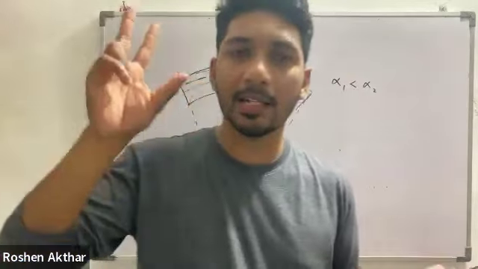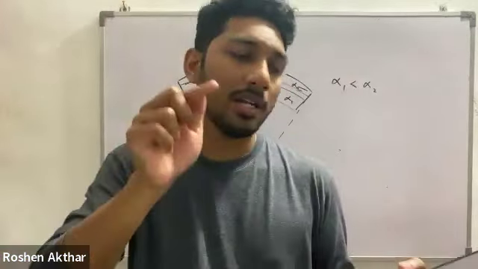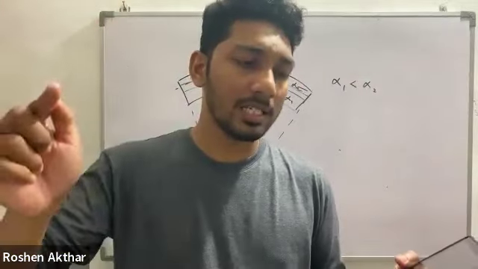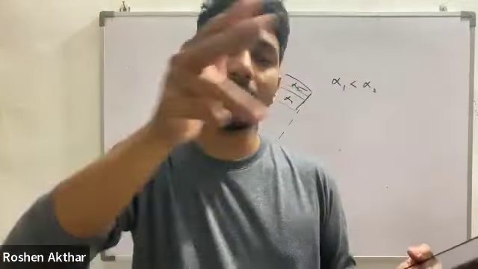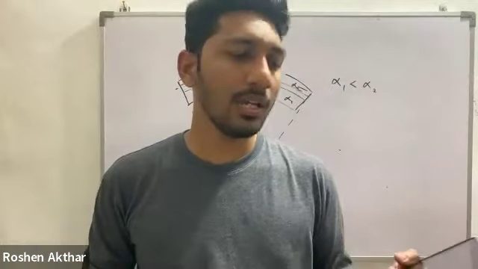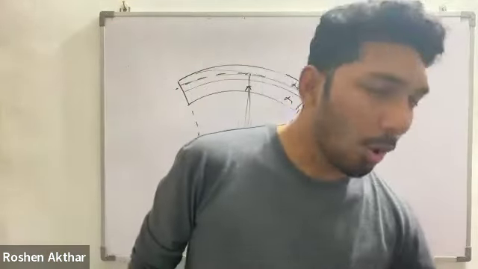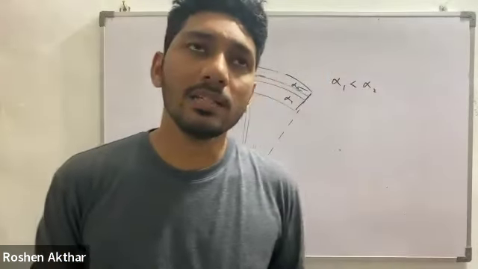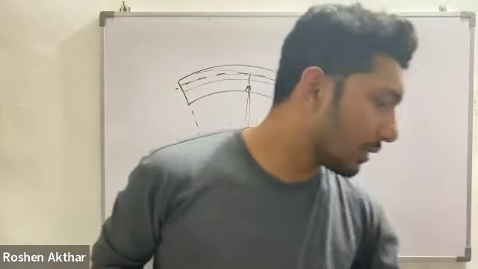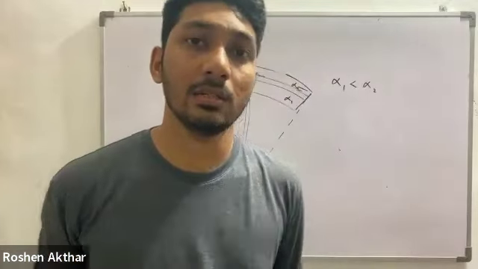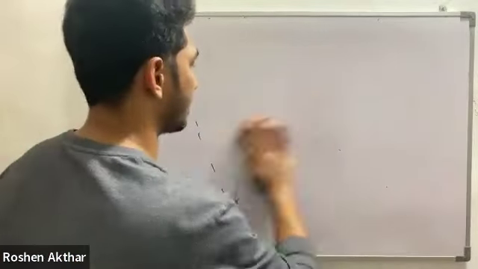For any incident angle, it should not undergo total internal reflection at the interface between the first and the second prisms, which is BC. At BC, it should not undergo total internal reflection. So what is the condition that should be there at BC not to undergo total internal reflection?